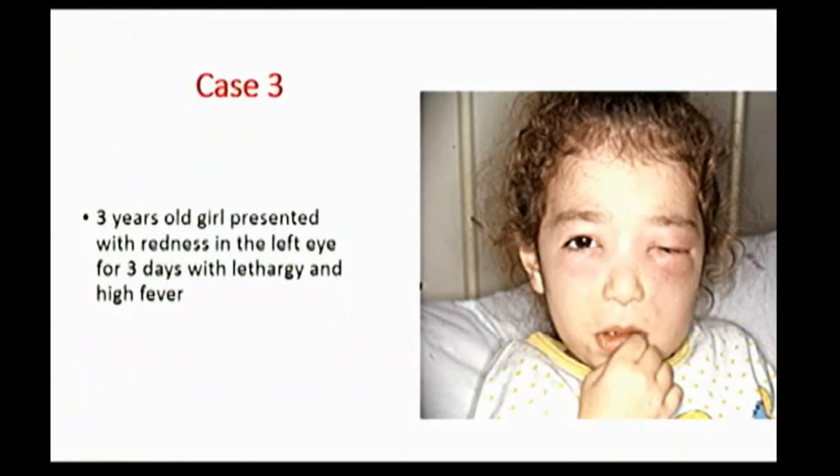Number 3 is, what is your differential diagnosis? Just put a couple of differentials, or 3 differentials if you can. The last question on this one is, what are the investigations that you will do? What is your differential?